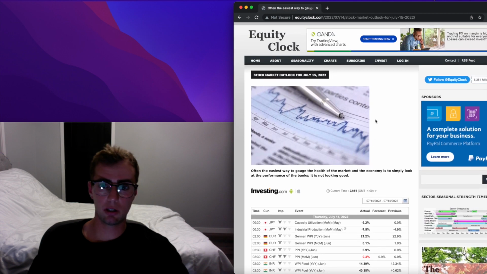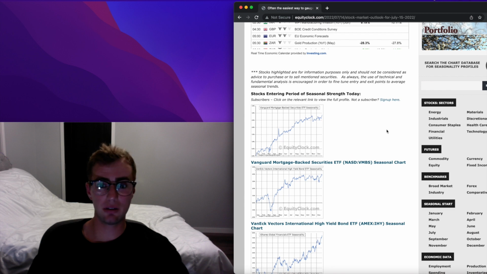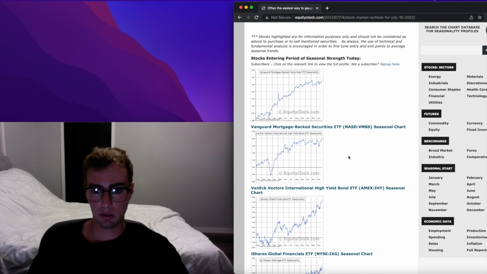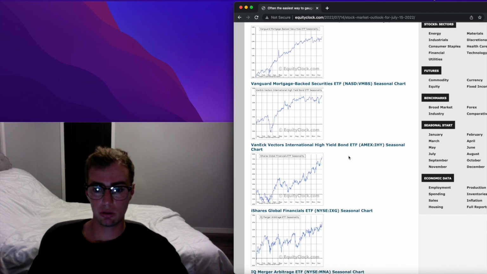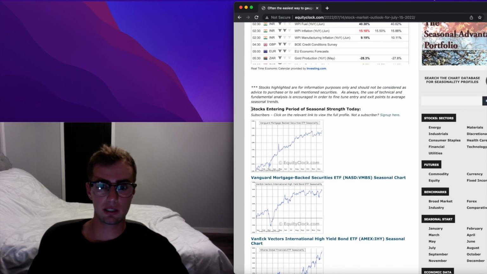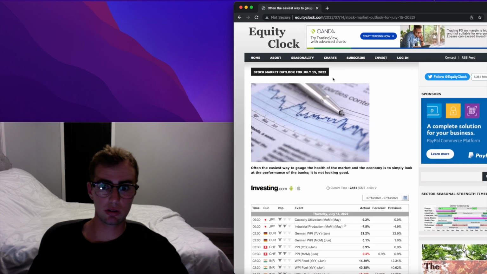Actually, there will be one more after this. Equity Clock, though, is, in my opinion, one of the better ones for seasonality. If you believe in seasonality, I do, because to me it's human behavior, and so I believe it does have something to do. The markets do move with seasonality, but you can see here it even has stocks entering period of seasonal strength today, and it has their Equity Clock seasonal charts.